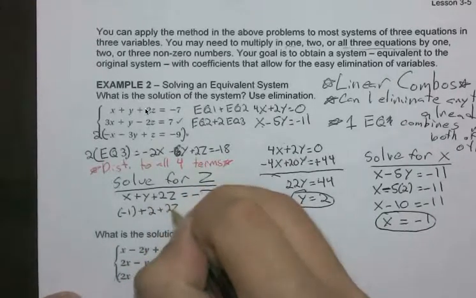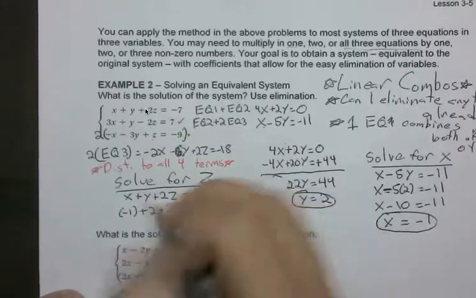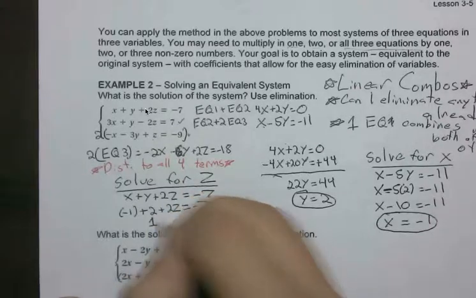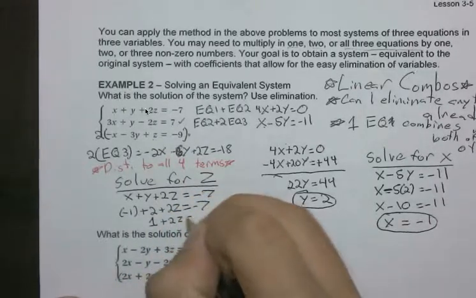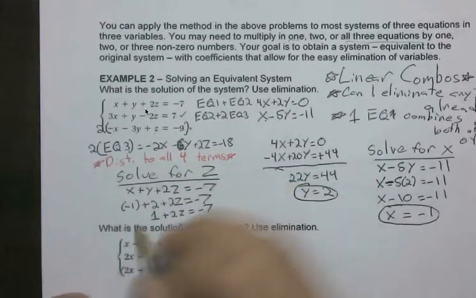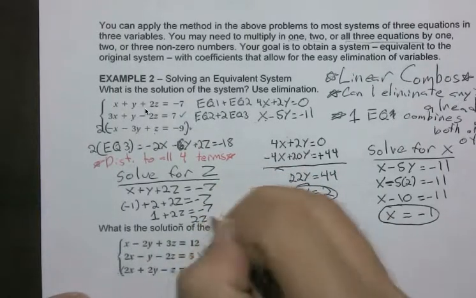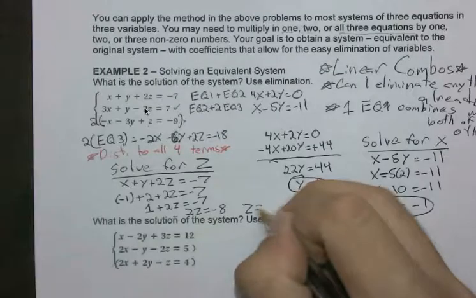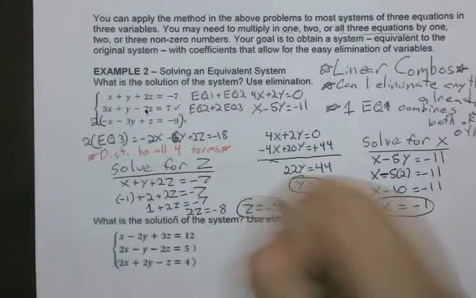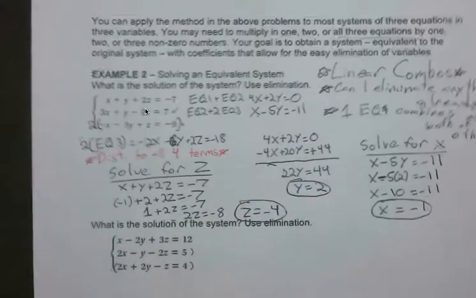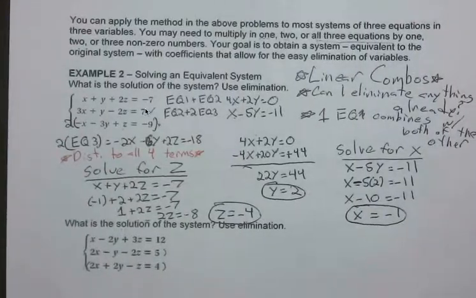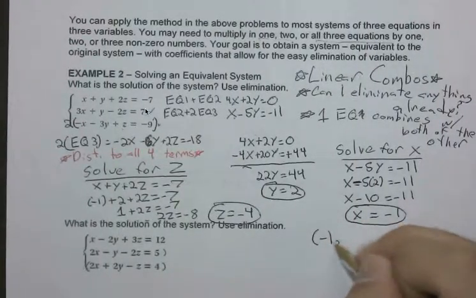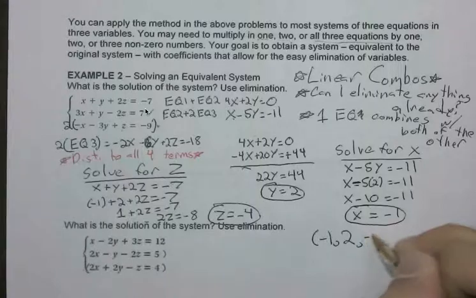Then we're adding on 2z equals negative 7. This is pretty much 1 plus 2z equals negative 7. If we deduct 1 from both sides, 2z equals negative 8. So z in this case is going to have to be equal to negative 4. So if we combine all of these for our linear triple, our first term is negative 1, second term is 2, third term is negative 4.